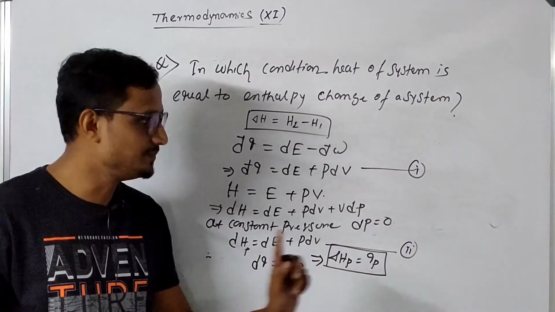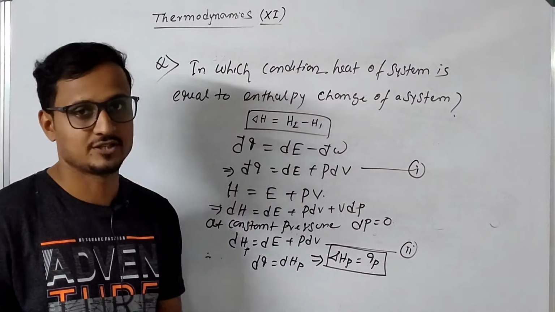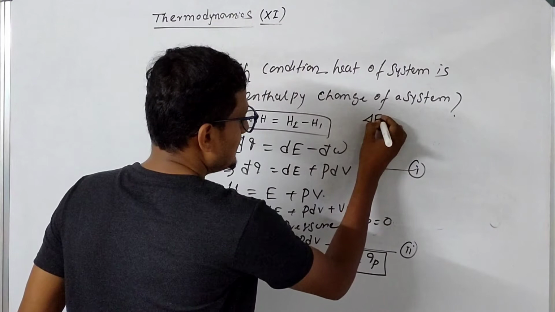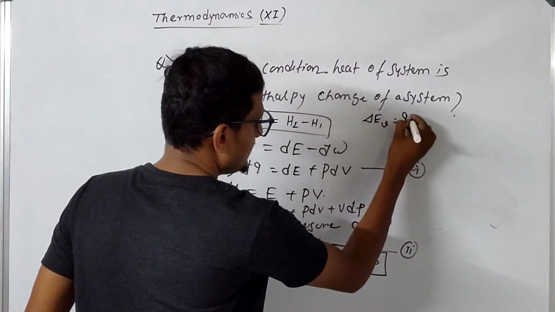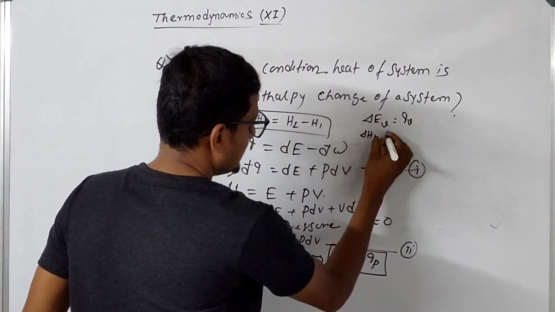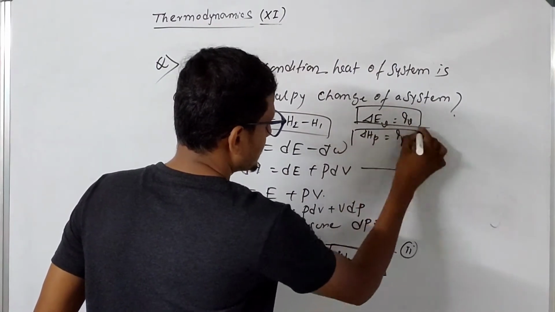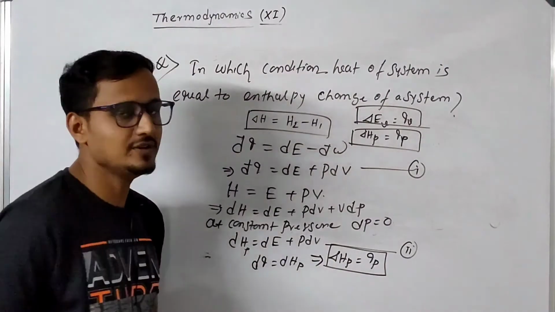Del HP equal QP. This proof is also important. So we have got two similar proofs, del EV equal QV and del HP equal QP. This one we have to remember, because after some time these two will be useful for us.